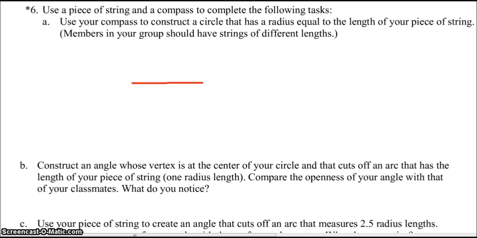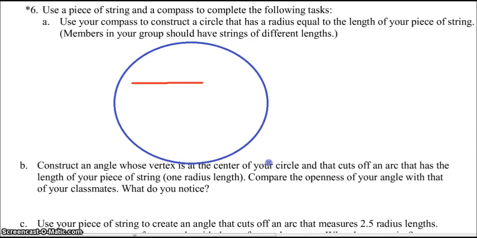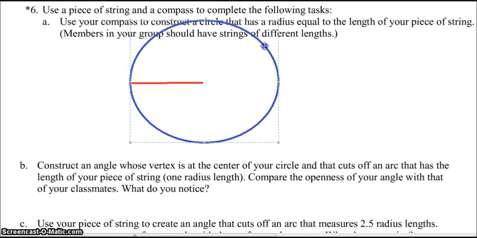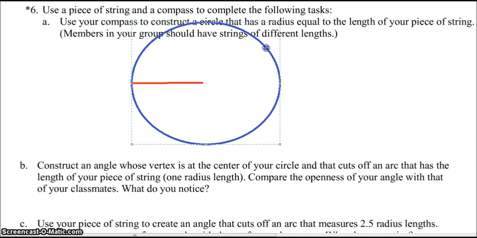Next, I need to use my compass, which I also don't have, to create a circle such that the radius of the circle is equal to the length of the string.